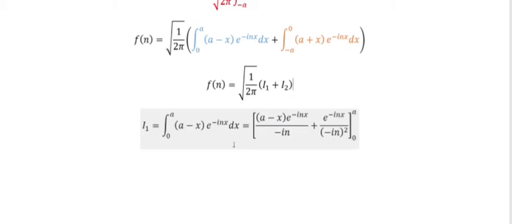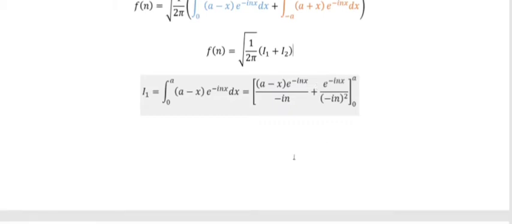Now let us integrate. I call the blue integral I1 and the orange integral I2. Let us compute I1 and I2 separately. I1 is equal to integral 0 to a of (a minus x) e raised to minus I n x dx.